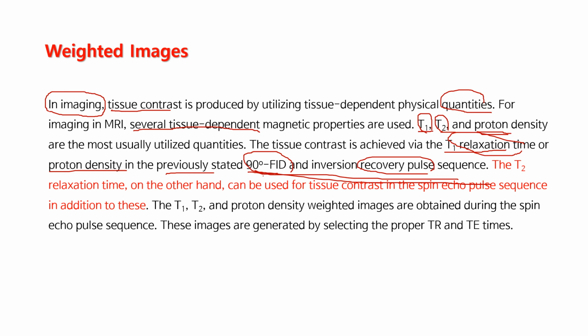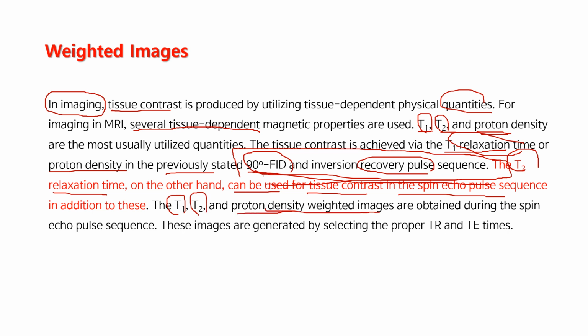In these two pulse sequences, we could not use the T2 relaxation time for image factors. On the other hand, the T2 relaxation time can be used for tissue contrast in the spin echo pulse sequence. The T1, T2, and proton density weighted images are obtained using the spin echo pulse sequence. These images are generated by selecting proper TR or TE times.